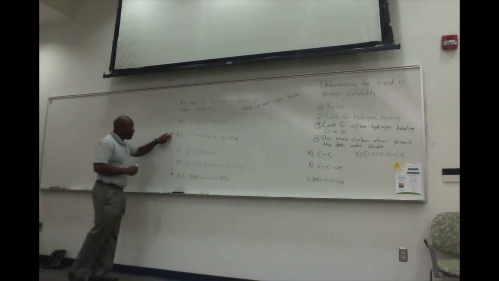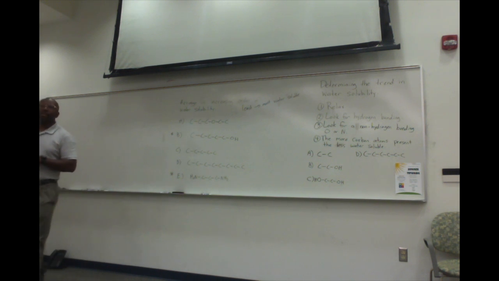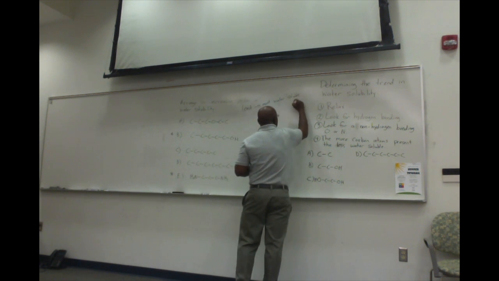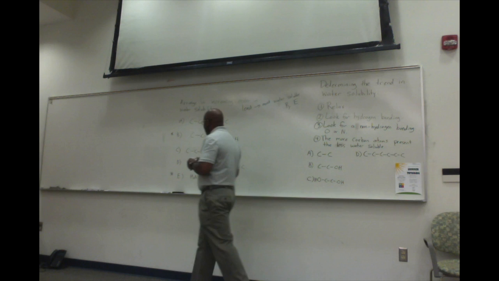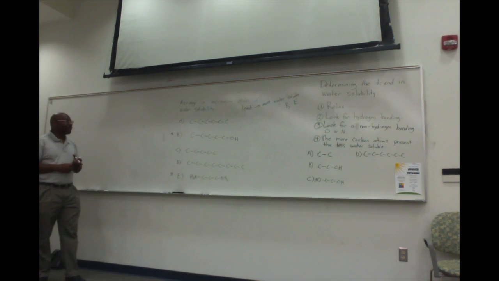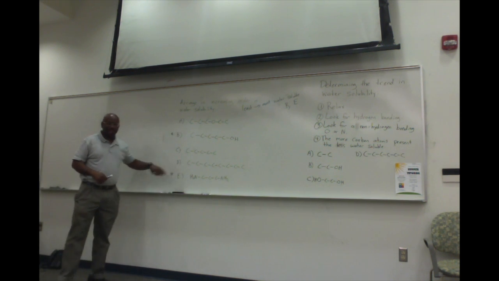So I'm going to look between B and E. The one that will be the most water soluble will be E, followed by B. If you want to find out which one is the least water soluble, we have A, C, and D.